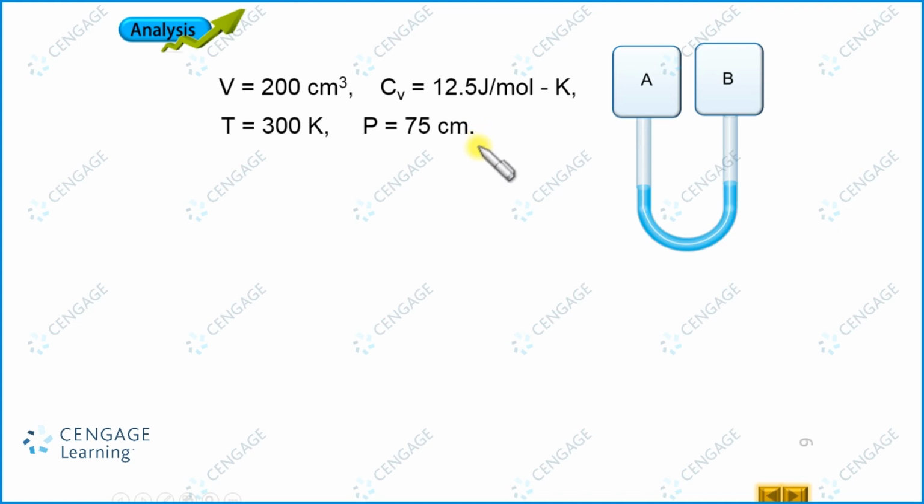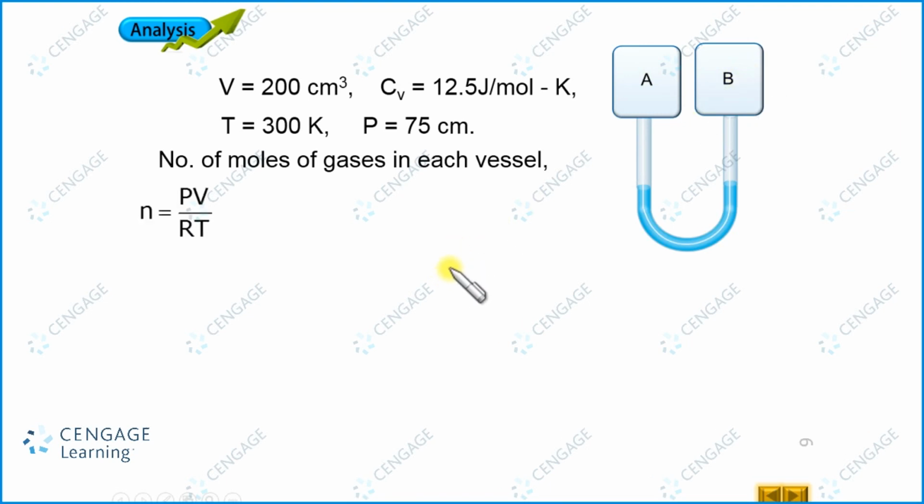Let us use the ideal gas equation for finding the number of moles in each vessel, because both vessels are identical in terms of the gas and size. So we can use n equal to PV divided by RT.